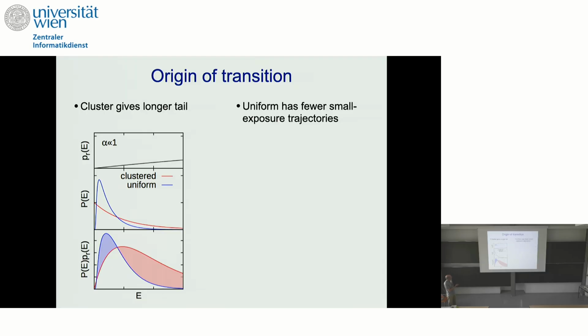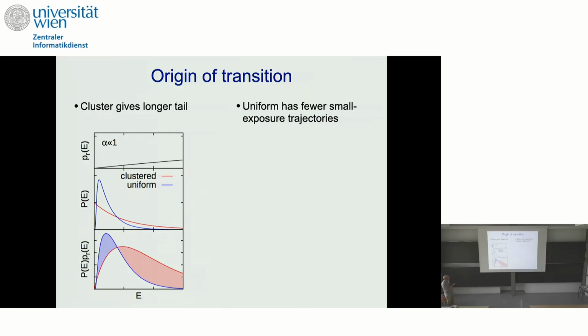And now we can try to understand the transition that happens in this term. The key information is that having a cluster at the source gives you a higher probability of having high enzyme exposure, because the diffusing particle spends most of its time close to the source and less time away from the source.